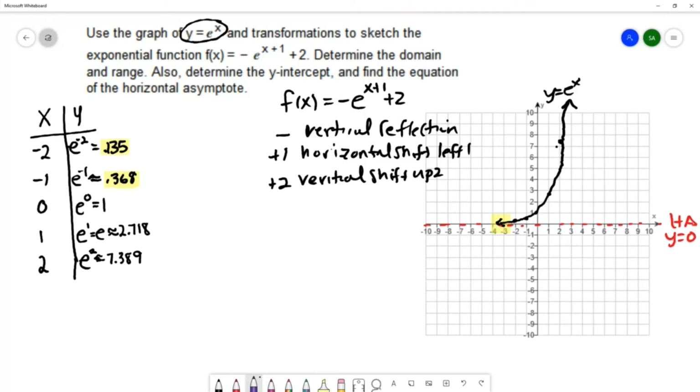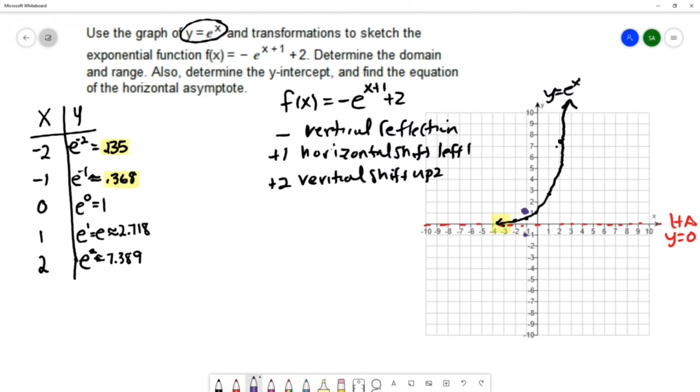From that position of 0, 1, we're going to shift to the left 1, would move to here. We're going to reflect vertically, so mirror over the x-axis, and then we're going to shift up 2. So you would get back to this point right here.